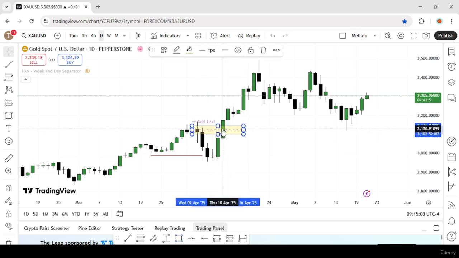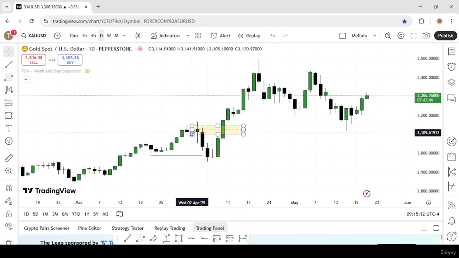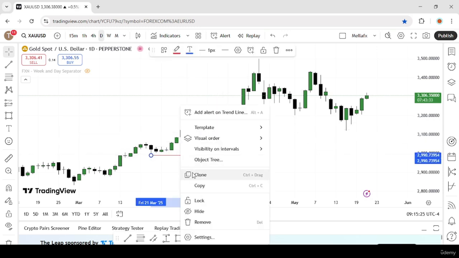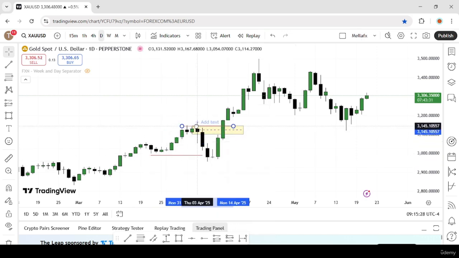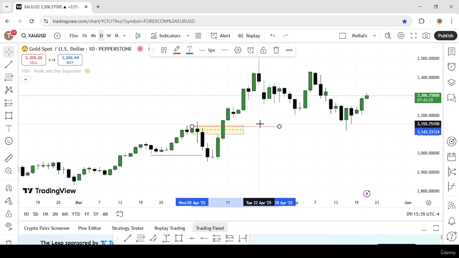If, while we were breaking this structure, there's an imbalance here, then this imbalance creates a high probability scenario for being retested. Also, for our entry point, we want the high of this candle to be our entry point.